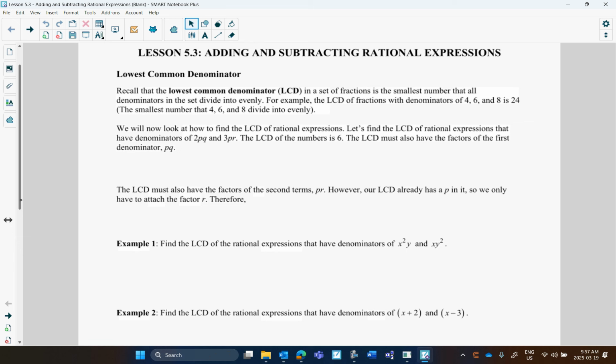I need a PQ so that this denominator goes into it, because this has a PQ. But if I look at the other denominator, I've got this covered, 6 works, I've already got a P in there, but this is new, isn't it? So to find the lowest common denominator, it would be 6PQR. Because I do the numbers, and then I have to make sure all the variables are represented.